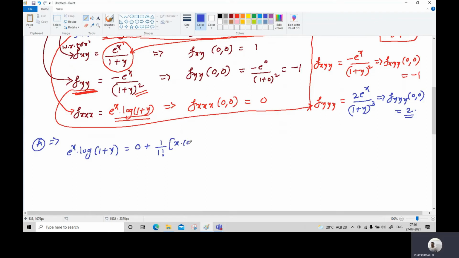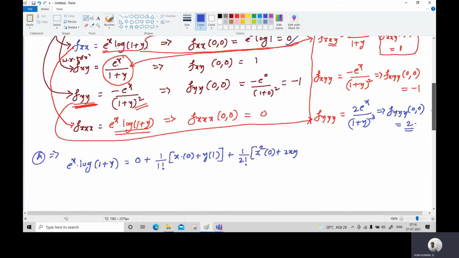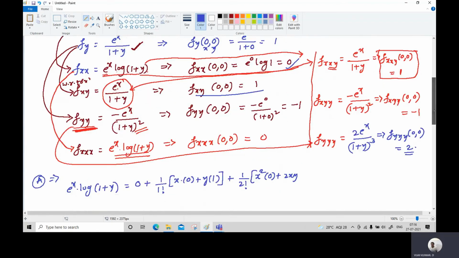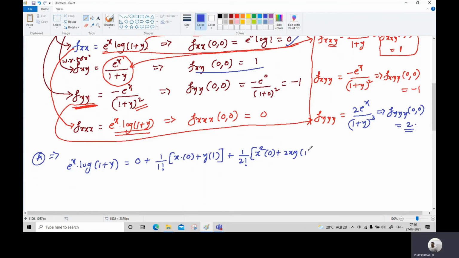Fx at origin is also 0, plus y into fy at origin, which is 1. I got 1, plus 1 by 2 factorial into x square into f double x, which is also 0, plus 2xy times fxy, which is 1, plus y square into f double y at origin, which is minus 1.